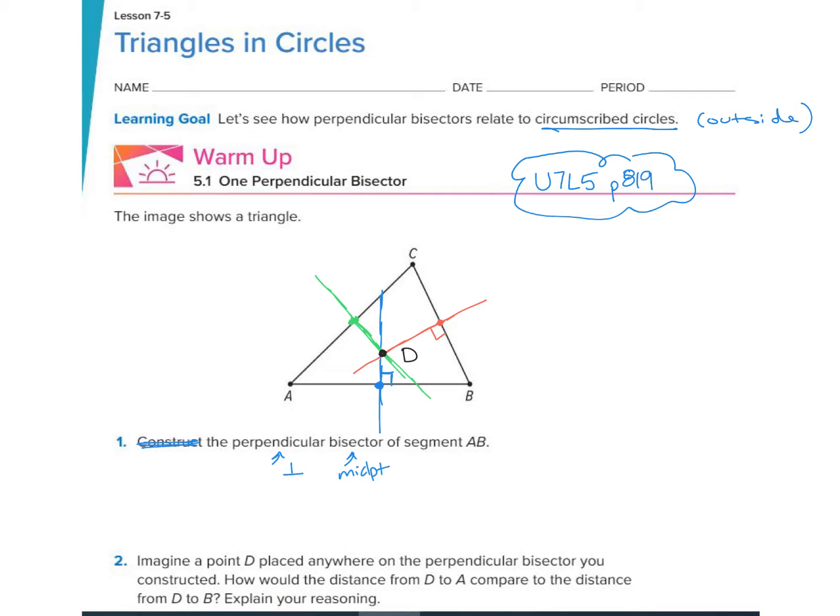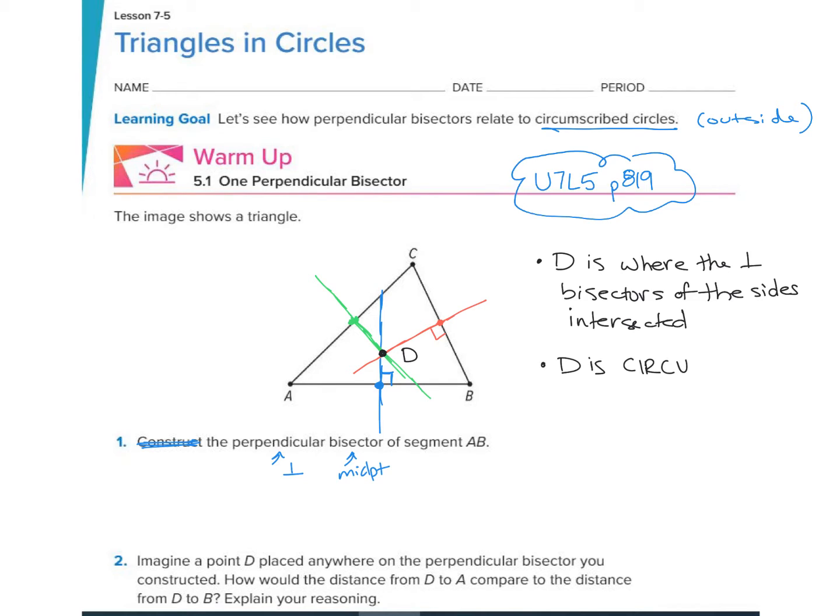So I want to mention a few things. Point D is where the perpendicular bisectors of the sides intersected. Point D has a name. D is called the circumcenter.